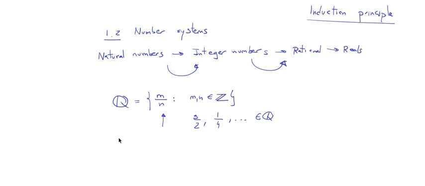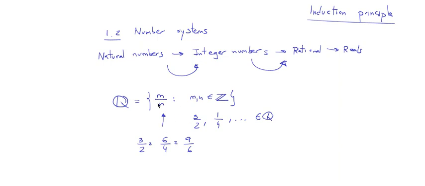Now, interestingly, the rational numbers can be written in many different ways, because we know that 3 over 2 is the same as 6 over 4, which is the same as 9 over 6, and so on. So there are many ways in which you can write one rational number.